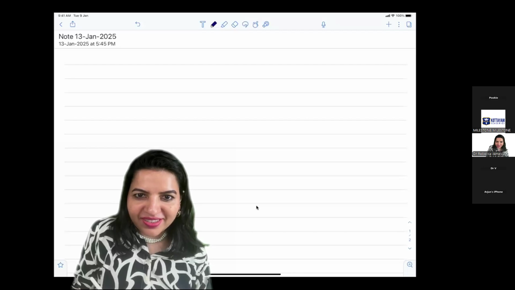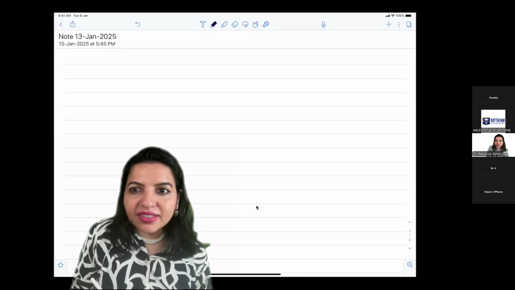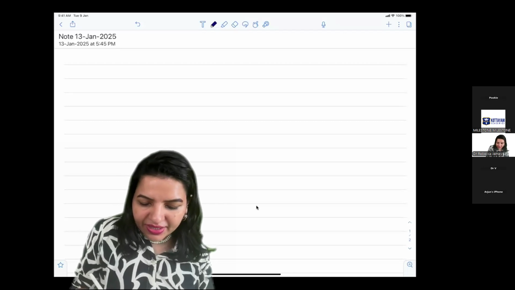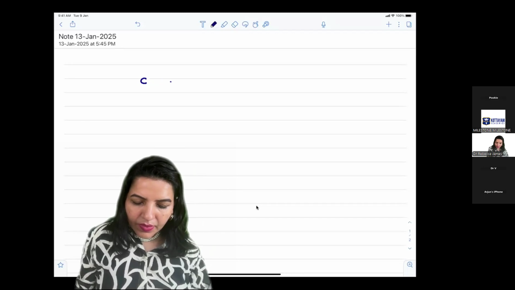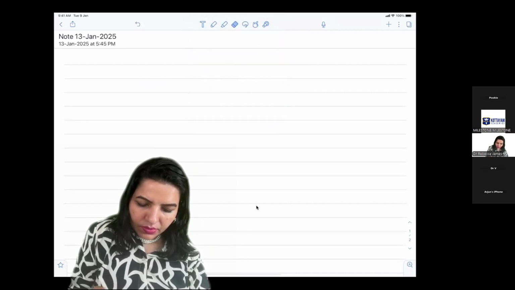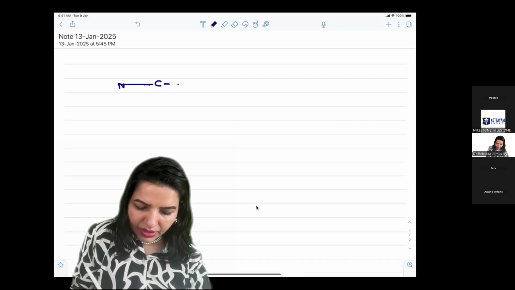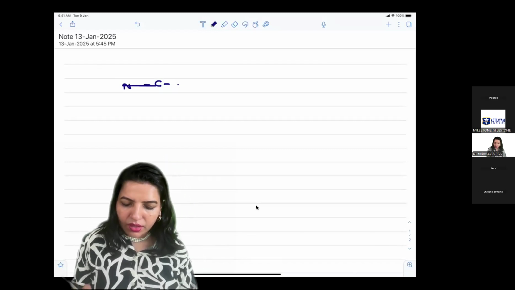I will draw the structure. Yes, methionine and cysteine. So methionine and cysteine is what we are going to draw now. Cysteine means there's a carbon atom on either side.